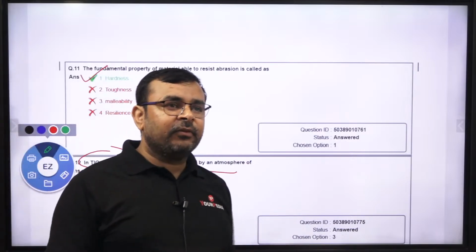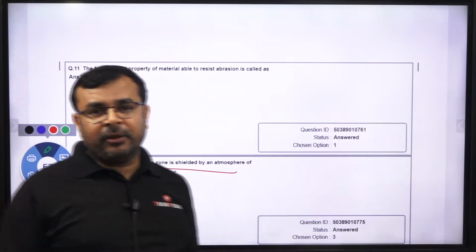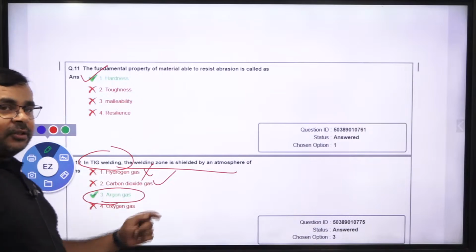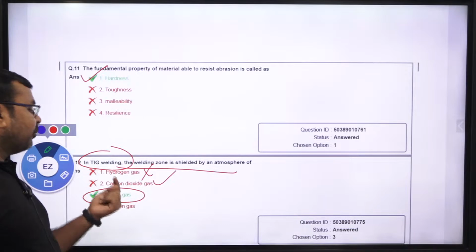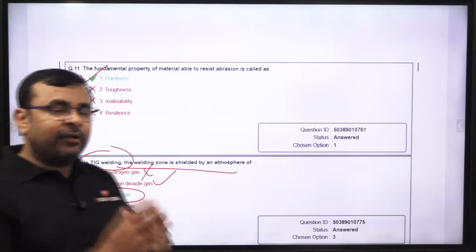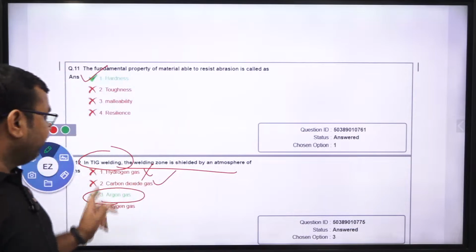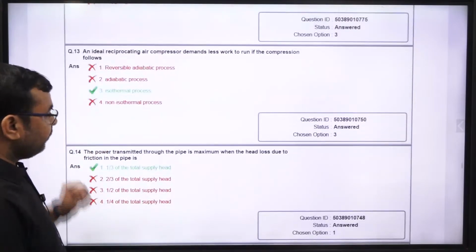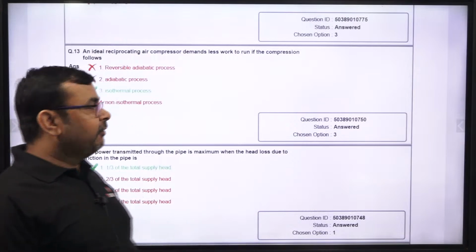Aluminum is a very reactive material which reacts with oxygen and produces aluminum oxide, which is ceramic. To prevent the formation of oxides, we must provide a very good protecting environment, which can be produced by argon gas in the TIG welding process. We can also use helium, but the cost of helium is very high.